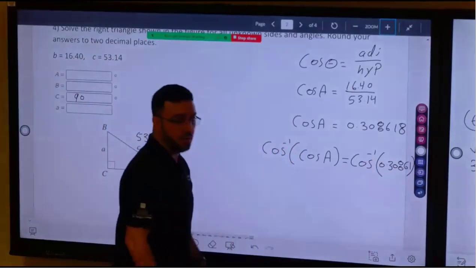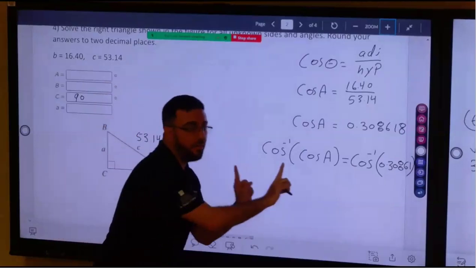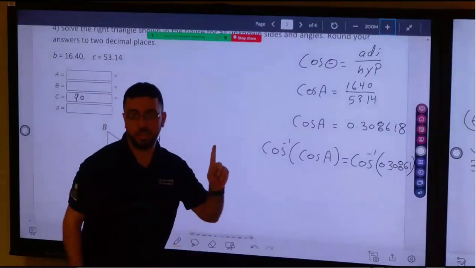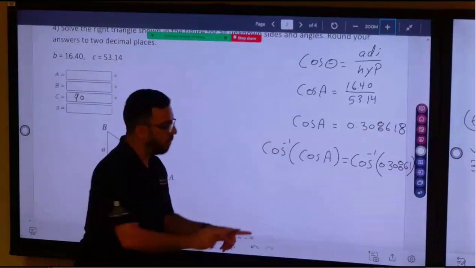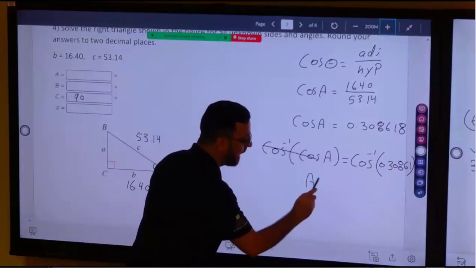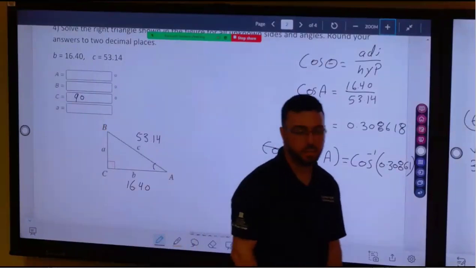0.308618. I'm taking the cosine inverse for both sides. Now I'm going to ask you, cosine inverse and cosine are going to cancel? Yes. What's left on this side? A. Go ahead and plug in cosine inverse of this number.